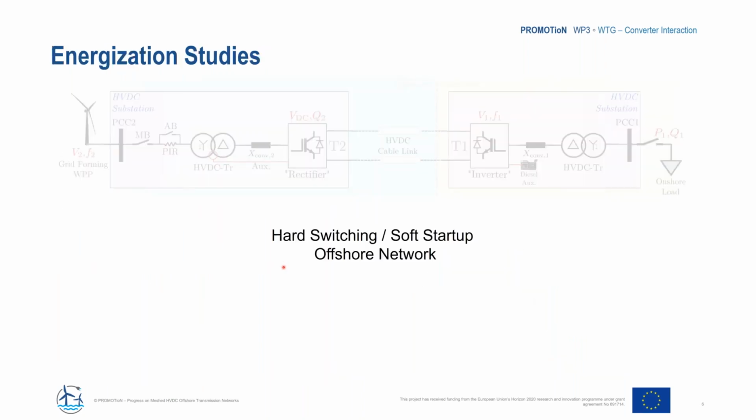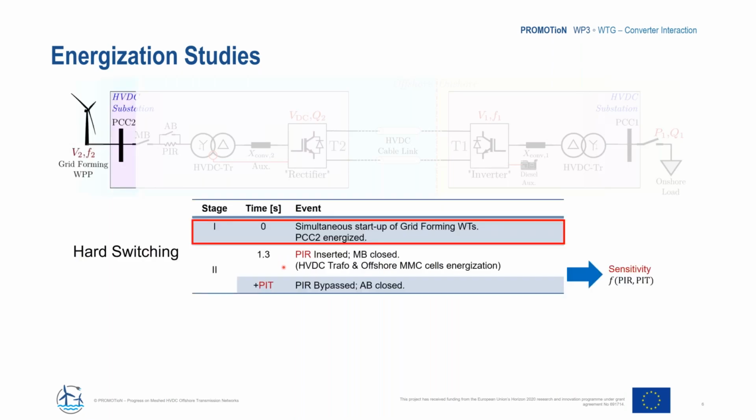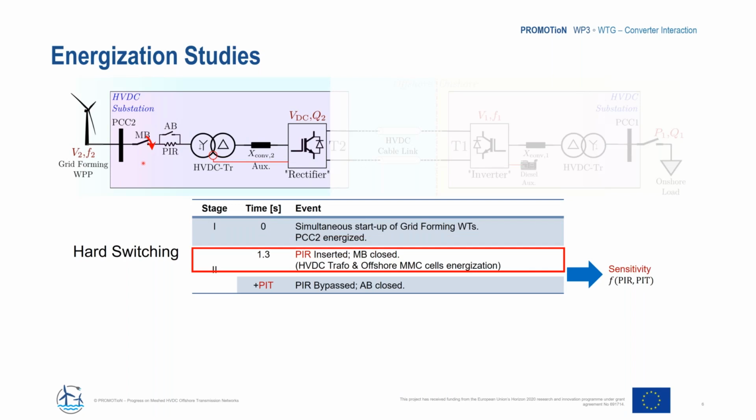So now I'm going to explain the energization sequence. What different steps are in the hard switching and soft start of the offshore network. For the hard switching case, we have the grid forming turbines starting and energizing the offshore PCC, after which the main breaker is closed to energize the transformer and the offshore MMC cells with the PIR in the circuit.